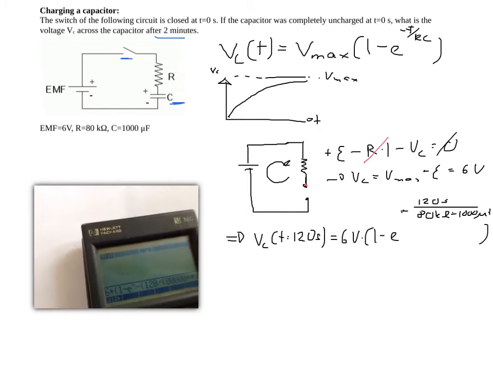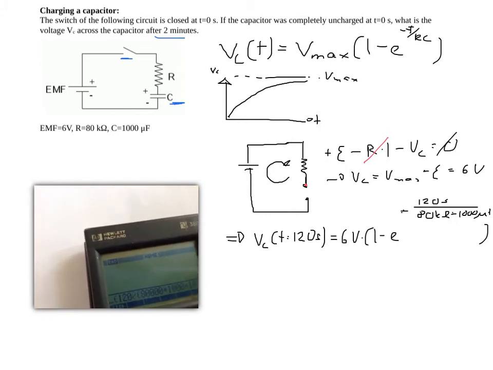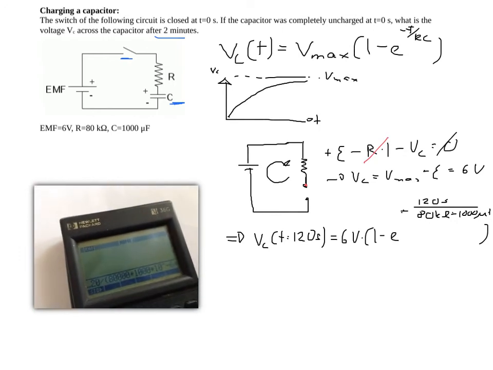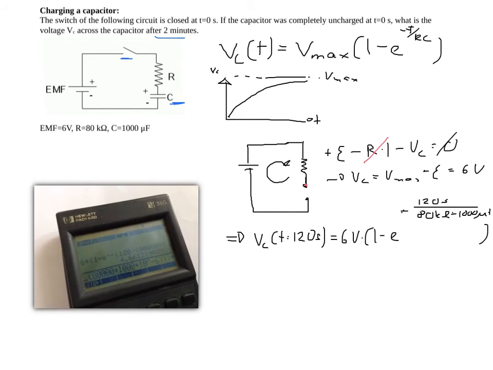The capacitance was 1000 times 10 to the negative 6, microfarad. Let's see what that gives. 4.66 volts.